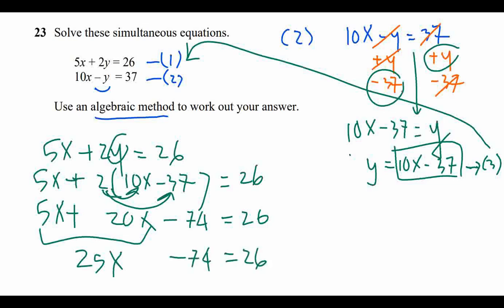Now how to set x alone, so we can find the value of x. We have to cancel the 74, so the opposite of subtraction is addition. It's plus 74 on each side. So now we cancel this out.